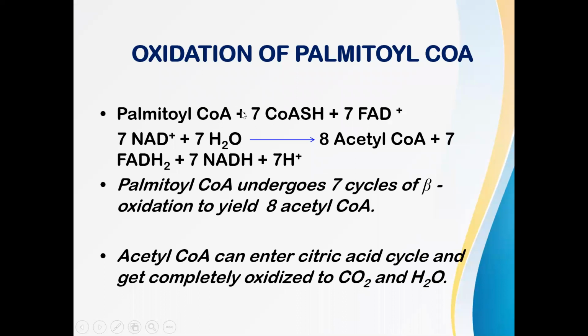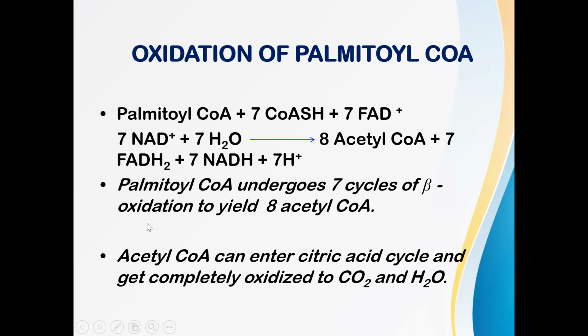I'm sorry, palmitic acid is the fatty acid that contains 16 carbon atoms. When there are 16 carbon atoms, it undergoes 7 cycles of beta oxidation. Acetyl CoA is a 2 carbon atom unit, so 8 acetyl CoA molecules are produced after 7 cycles of beta oxidation, plus 7 FADH2 plus 7 NADH plus H plus.